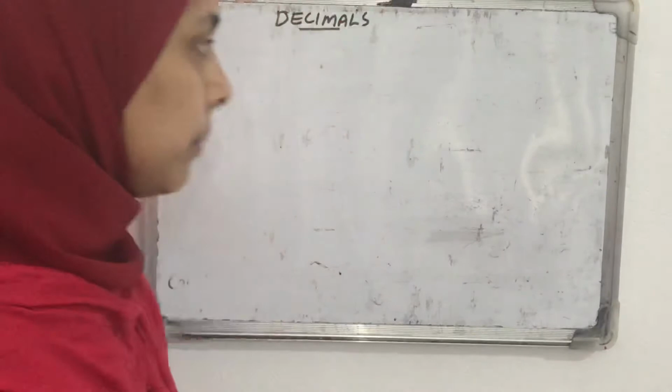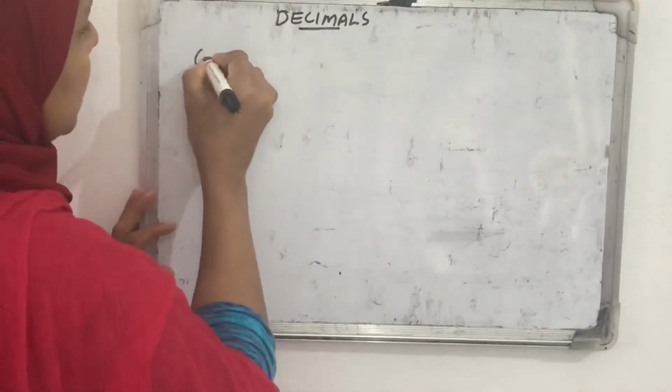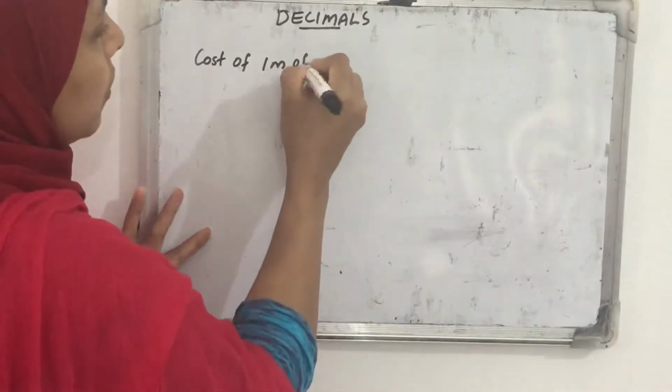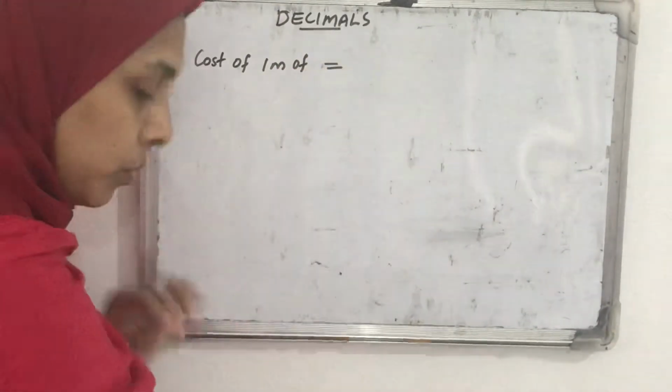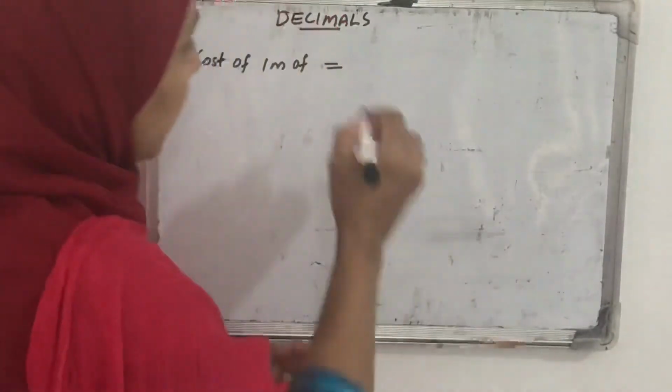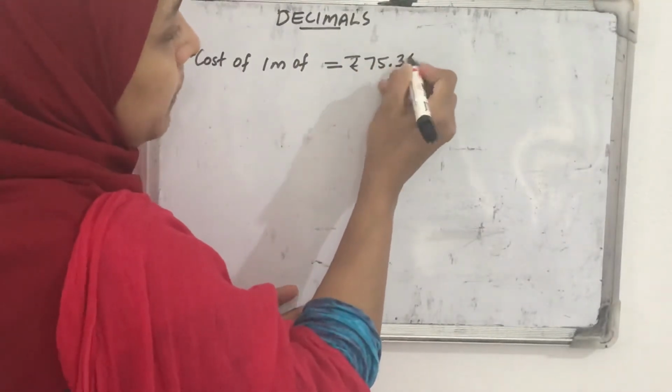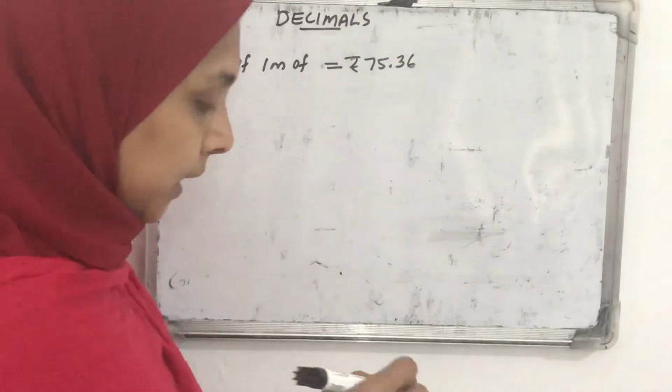So first we can write the steps. How can we write the steps? First write: cost of 1 meter of cloth equals how much rupees? That is given, 75 rupees and 36 paise. Okay, 75 rupees and 36 paise.